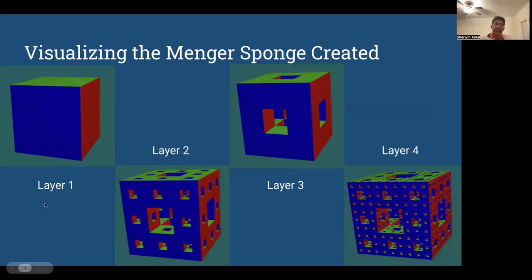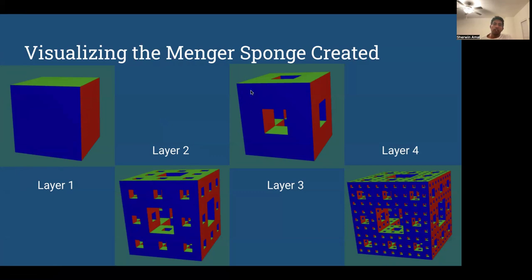You can see here that for layer one, it's just a regular cube. There's nothing going on with it. But for layer two, what you notice is the cube cutouts being shaped for 27 different times. And this would be layer three.